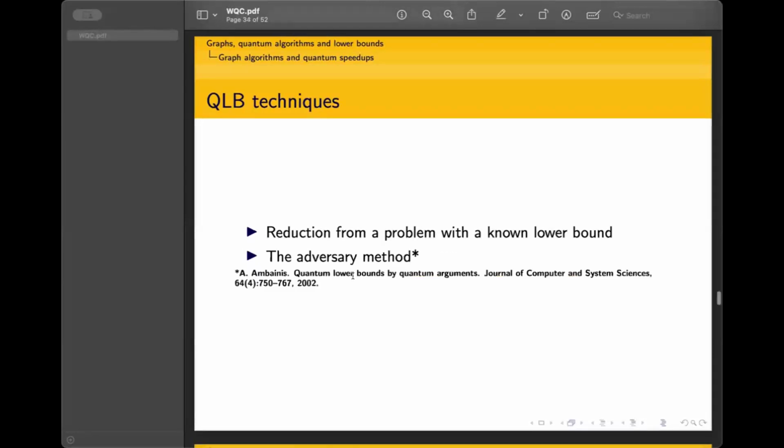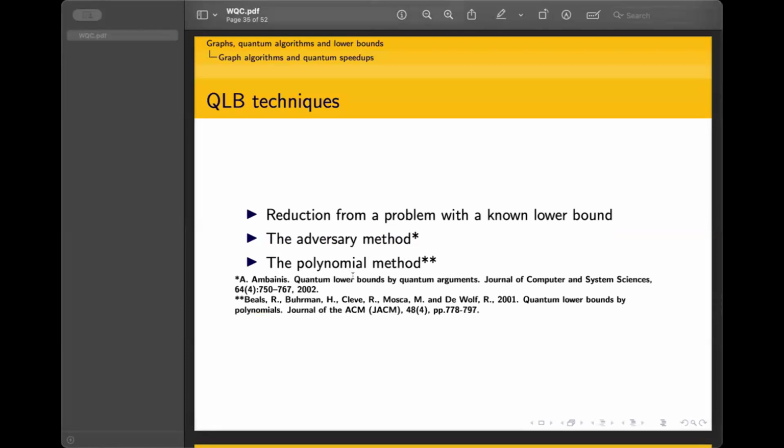People very often just resort to finding reductions, which is difficult, but is the most accessible technique. The other technique is the so-called adversary method, which is recent, but not very new at this point. It was developed by Ambainis, and it is basically a tool for showing quantum lower bounds. The other technique is the so-called polynomial method.